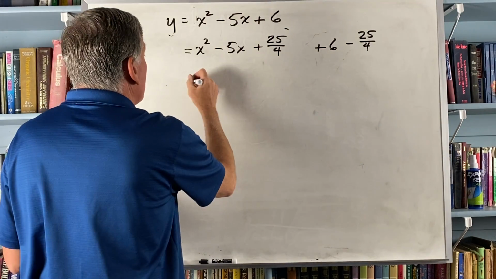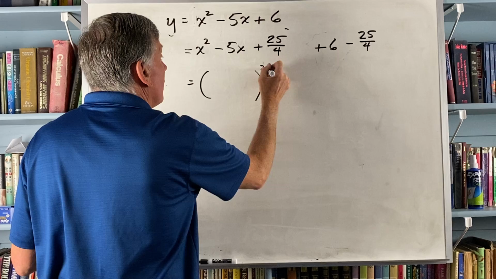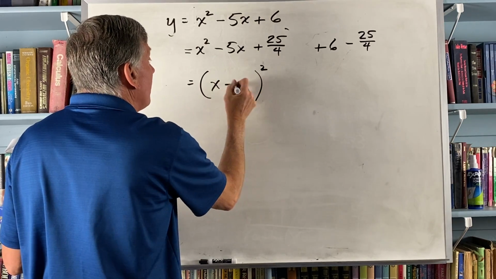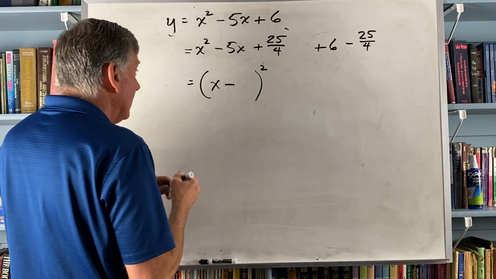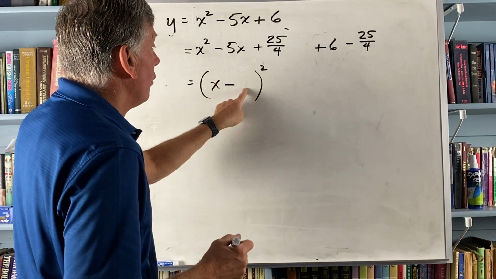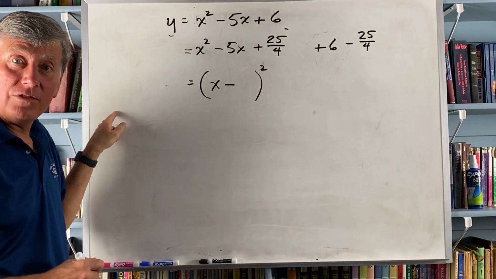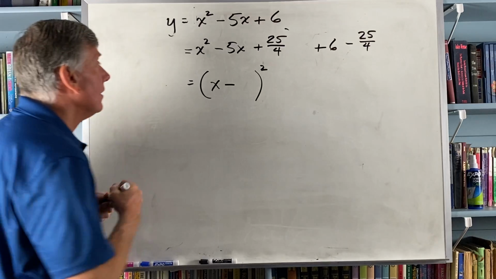Now I can write this as a perfect square. That is something squared and has an x right there and it has a minus because of that minus. And the number that goes here is that thing that I had off to the side, 5 halves.